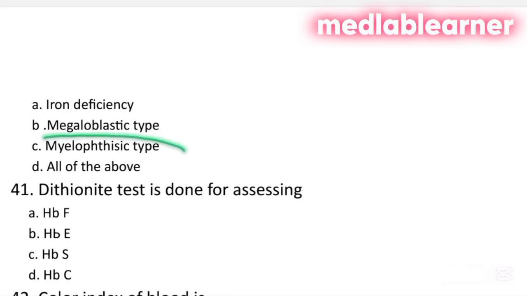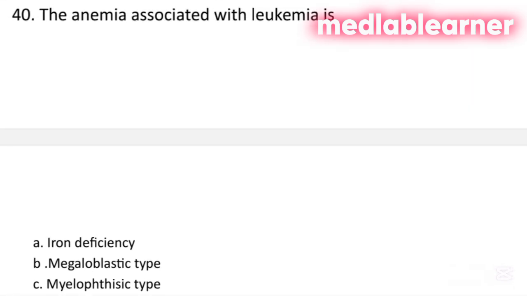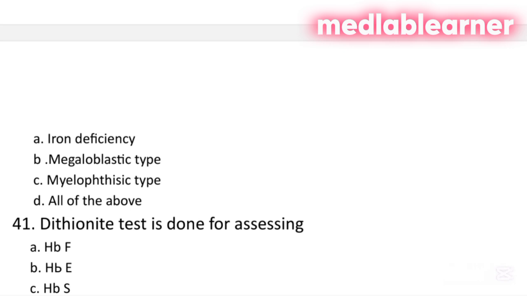Answer will be C. Myelophthisic type. The anemia associated with leukemia is myelophthisic type.